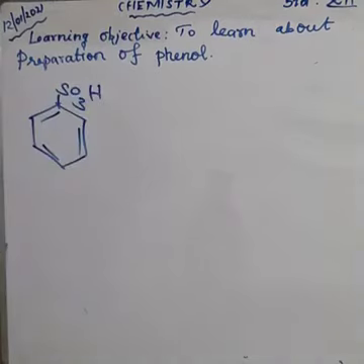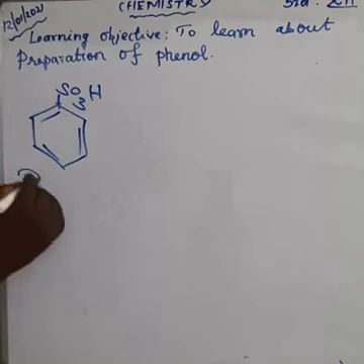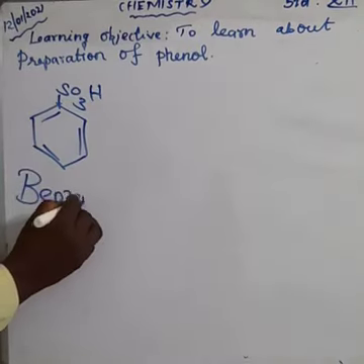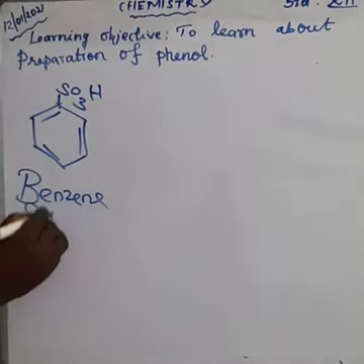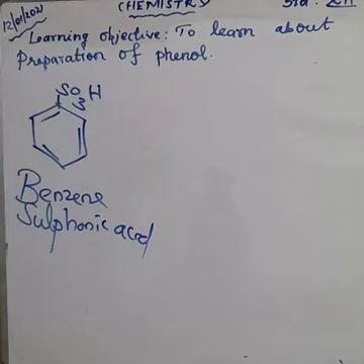The name of the compound is benzene sulfonic acid. From benzene sulfonic acid, how will you prepare phenol? You should write this equation.